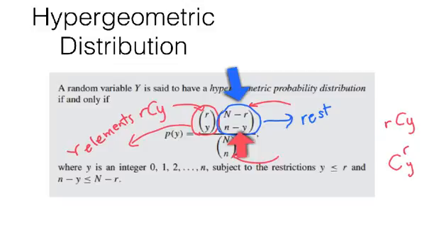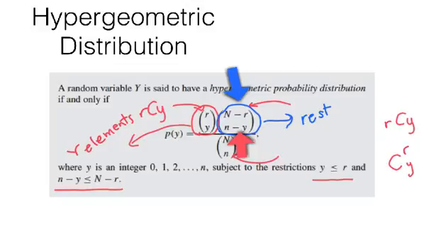It's important to see here that you have these constraints. y should be less than or equal to R. And also you have these constraints, and it should make sense, since y is the number of elements with the characteristic that you want, it cannot be more than R, the total number of elements in the population with that characteristic.